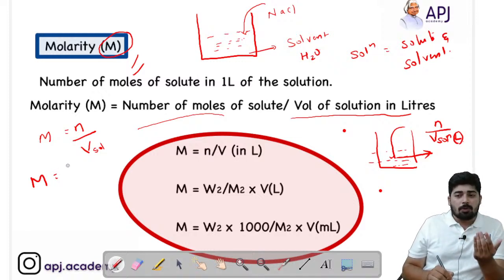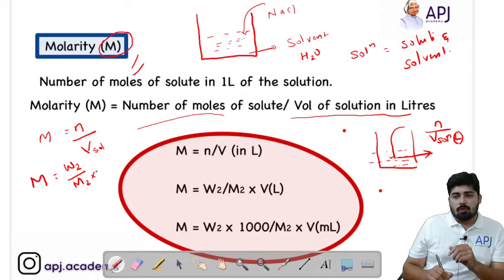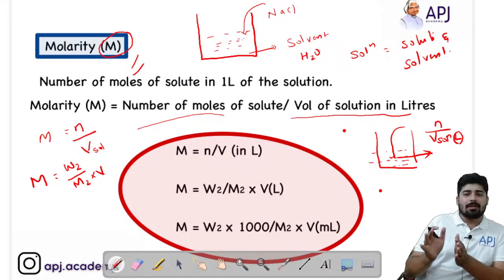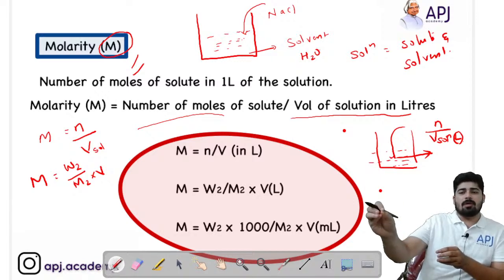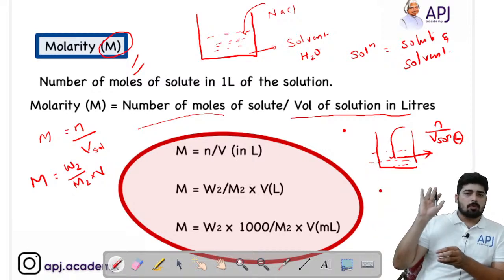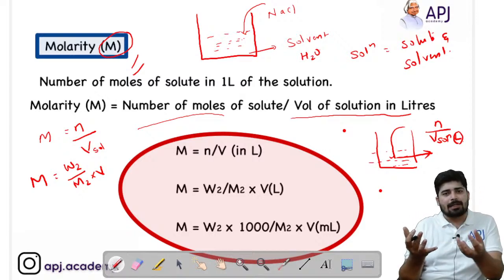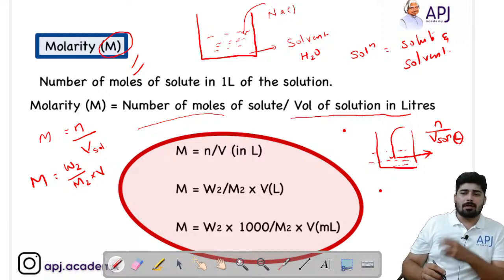So W2 means weight of solute, divided by M2, the molar mass of solute, into V. So now molarity has another equation. We have just replaced the number of moles n with n equal to W2 by M2. Number of moles can be represented as weight of the particle divided by the molar mass of the particle, right? So molarity is W2 by M2 into V.